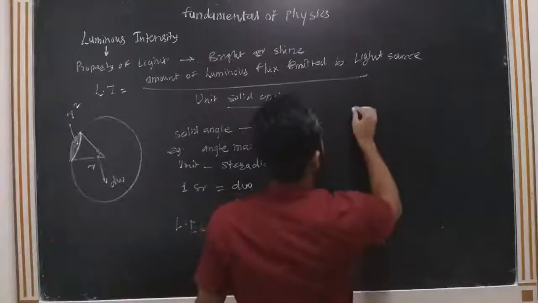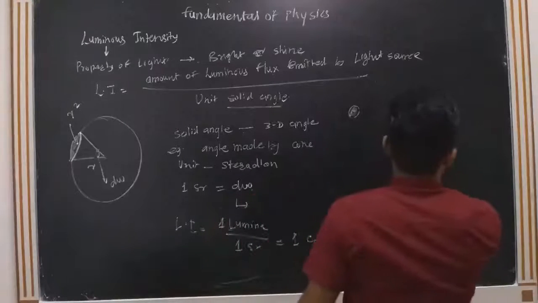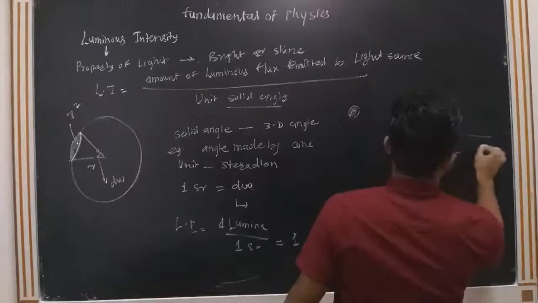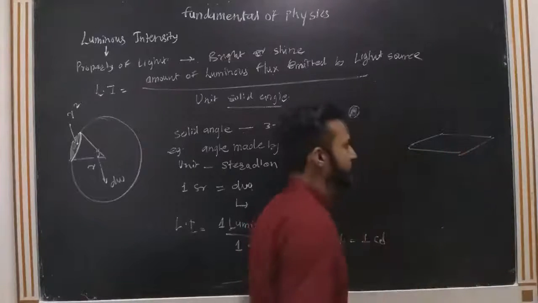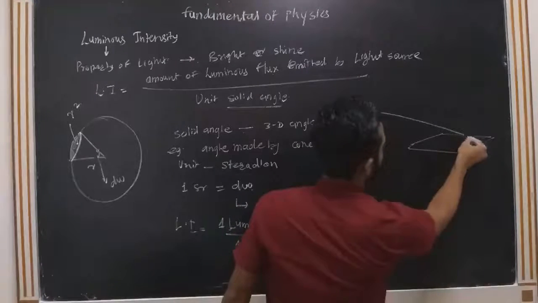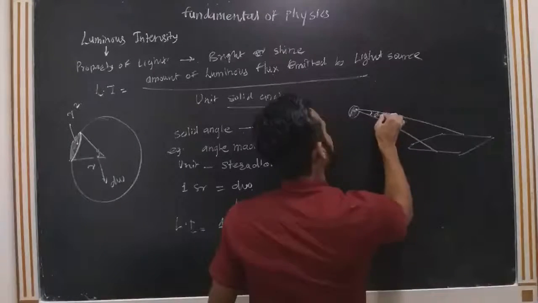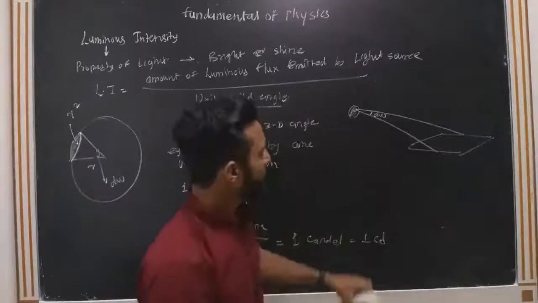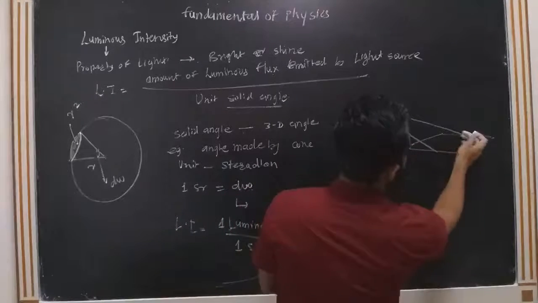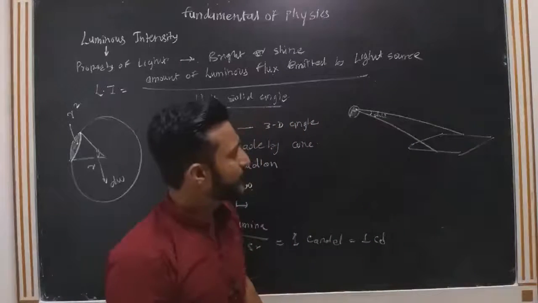For example, early in the morning, if you consider an area on the earth's surface, and the light emitted from the sun by solid angle dω is incident on this area, and dω is the solid angle.